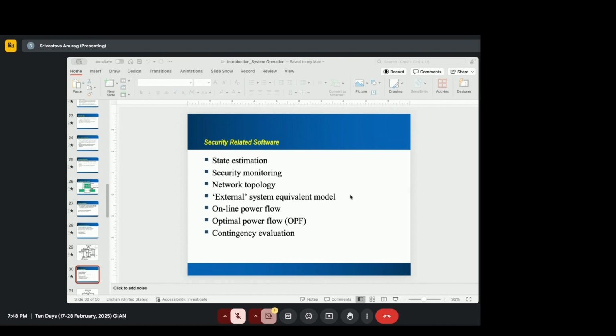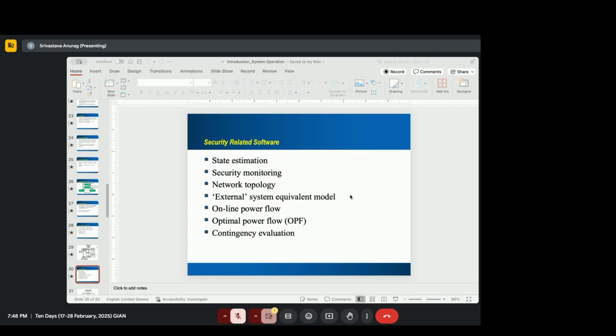For dynamic state estimation, I can use that for transient stability analysis, which I cannot do with state estimation, because state estimation by definition is a steady state estimation, which means that you need to wait for transients and dynamics to die out, and then use the measurement to solve the load flow.